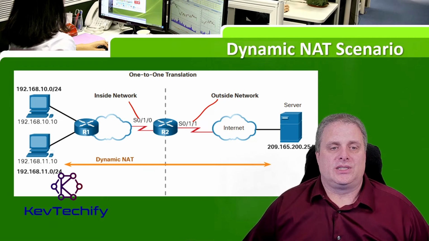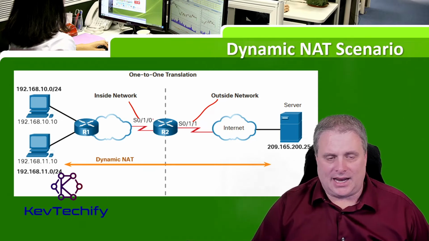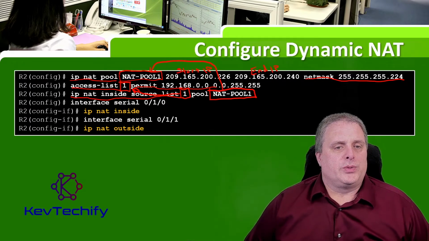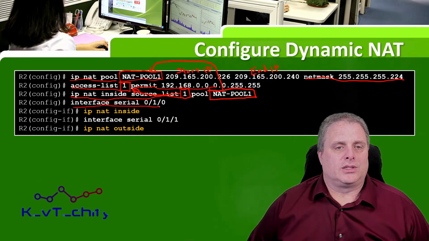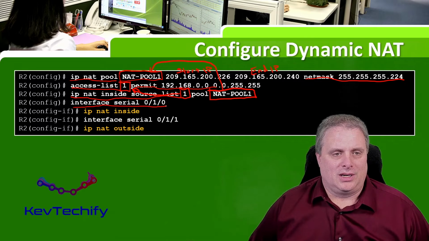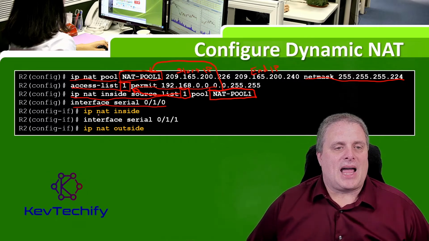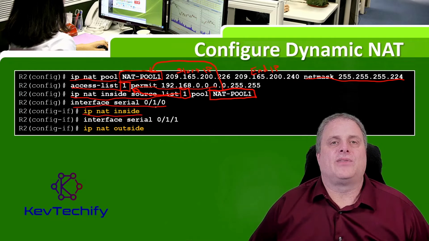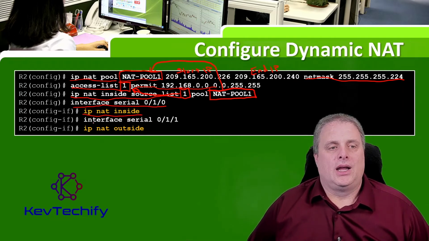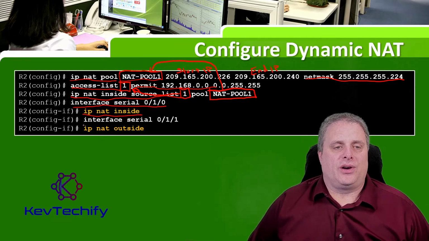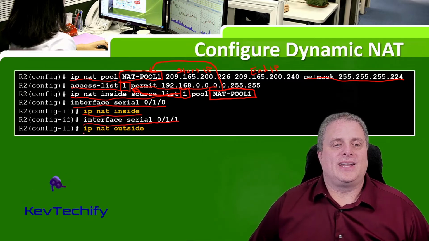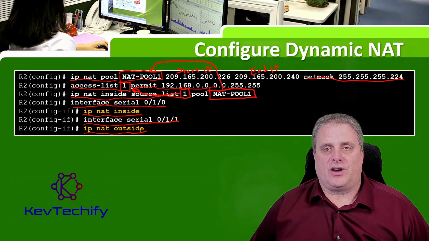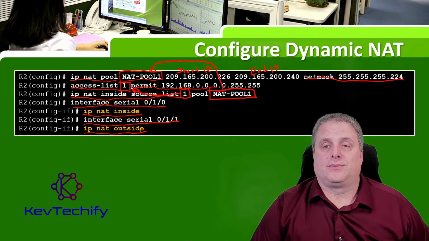What we do is we go into the interface of serial 0/0/0 and we say ip nat inside, which sets this interface as the inside of our network address translation. And then we go into the other interface, serial 0/1/1, and we say that is the outside interface of our network address translation.